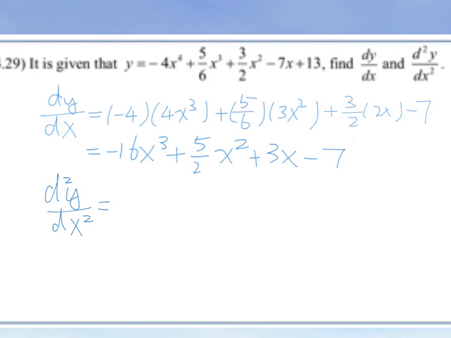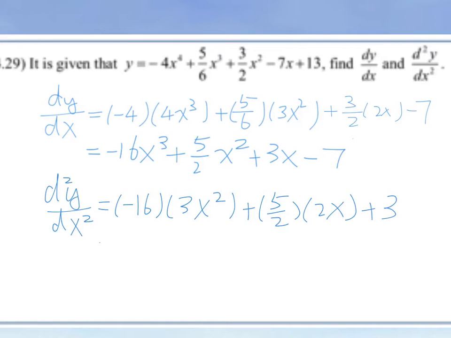Then actually we do this the same way as before. Negative 16 times 3x squared plus 5 over 2 times 2x plus 3. Okay, you will get negative 48 x squared plus 5x plus 3.